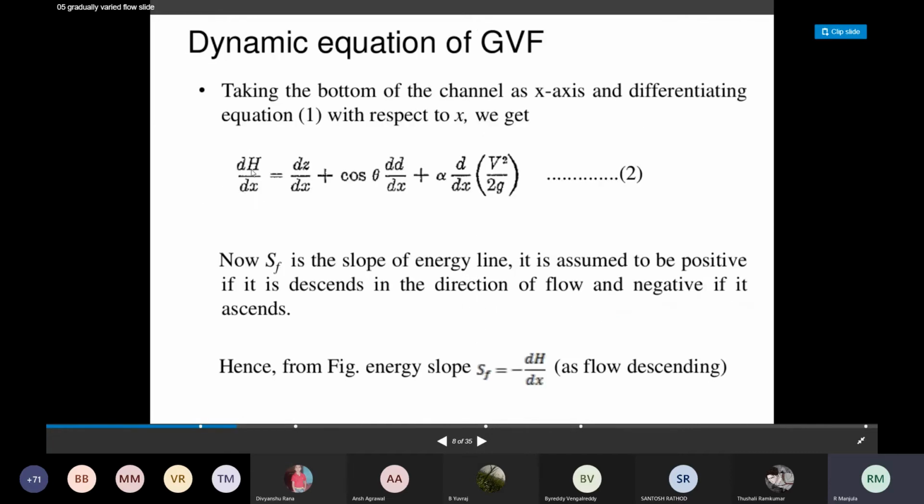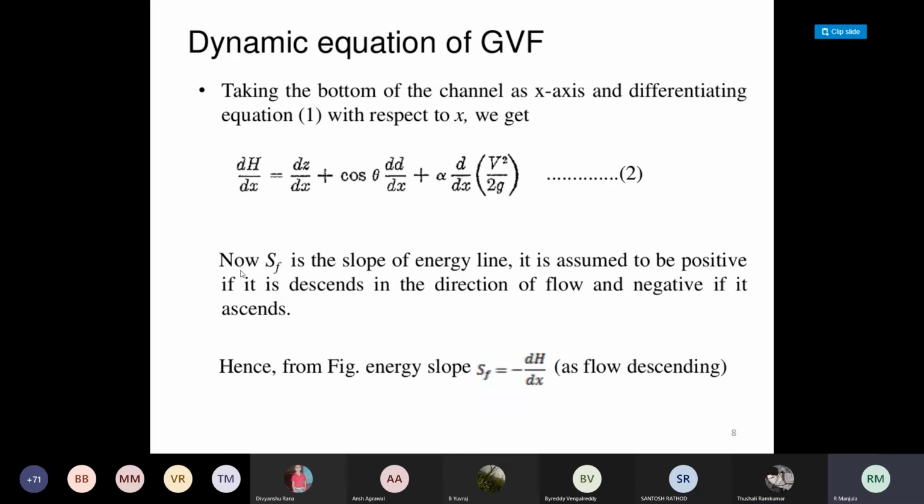So dh by dx is equal to dz by dx plus cos theta into dd by dx plus alpha into d by dx of v square by 2g. Sf is the slope of total energy, and it is assumed to be positive if it is descending in the direction of flow, and negative if it is ascending.